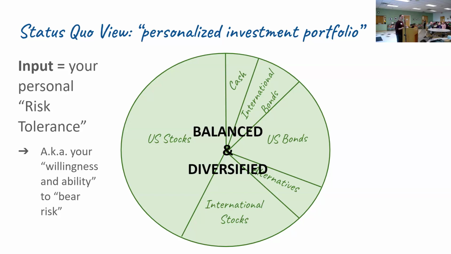And then you get an output: based on your risk tolerance, this is your optimally balanced and diversified portfolio that's personal to you. And really in this context, all that this means is what mix of stocks and bonds theoretically delivers the highest expected financial return for your level of risk.